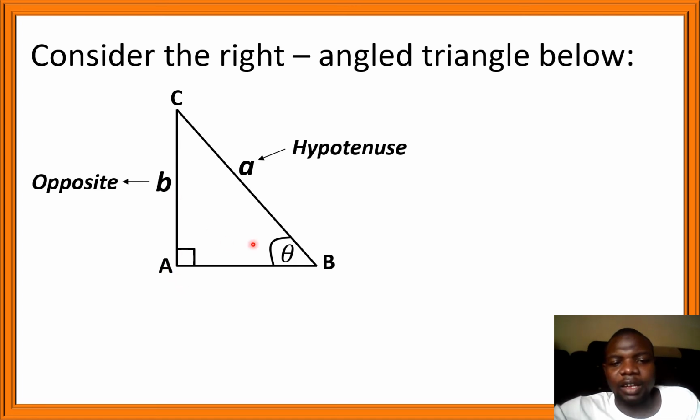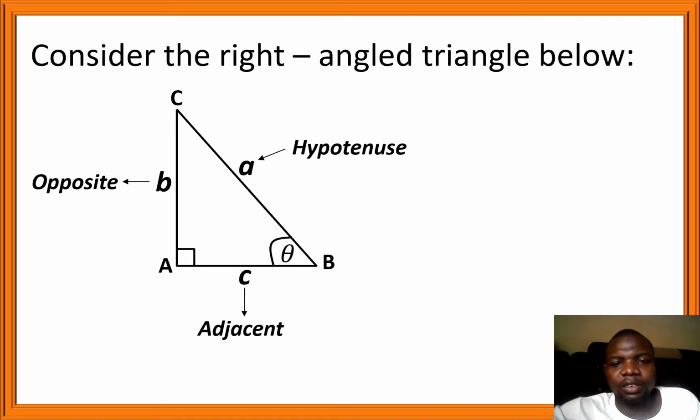Then the side on which the angle theta lies is now called the adjacent. So with respect to the sizes and the location of the angle, each of the three ratios in trigonometry can be found.